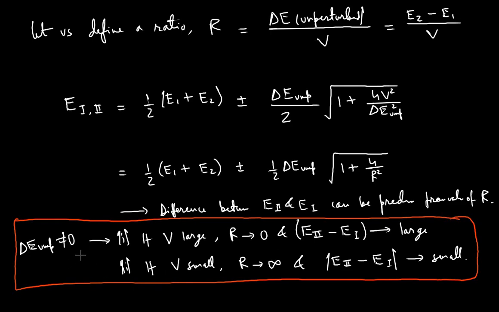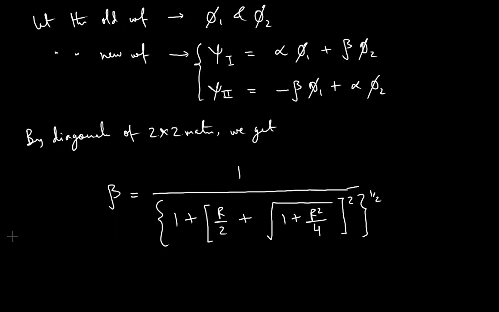Then we have initial states that are degenerate. So we have just considered when this unperturbed delta E is not equal to 0. Now let us consider what if this is equal to 0.